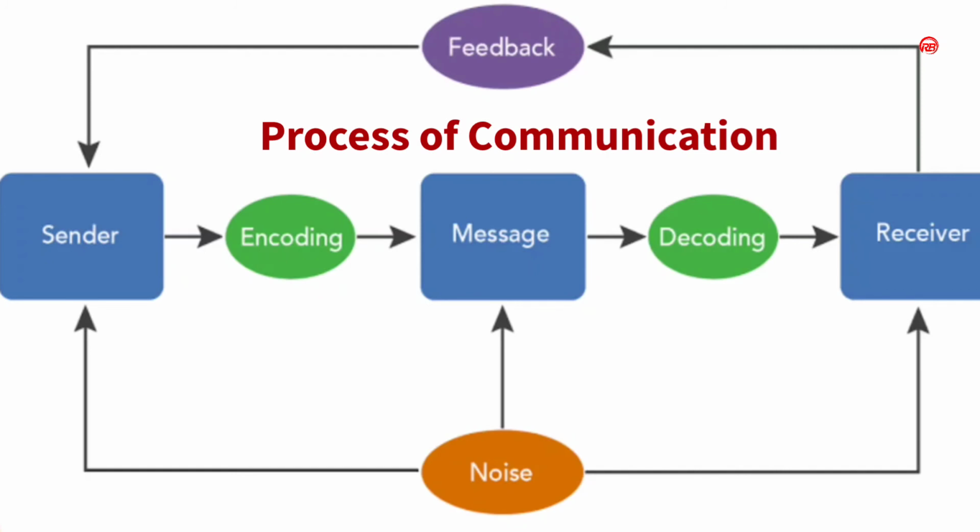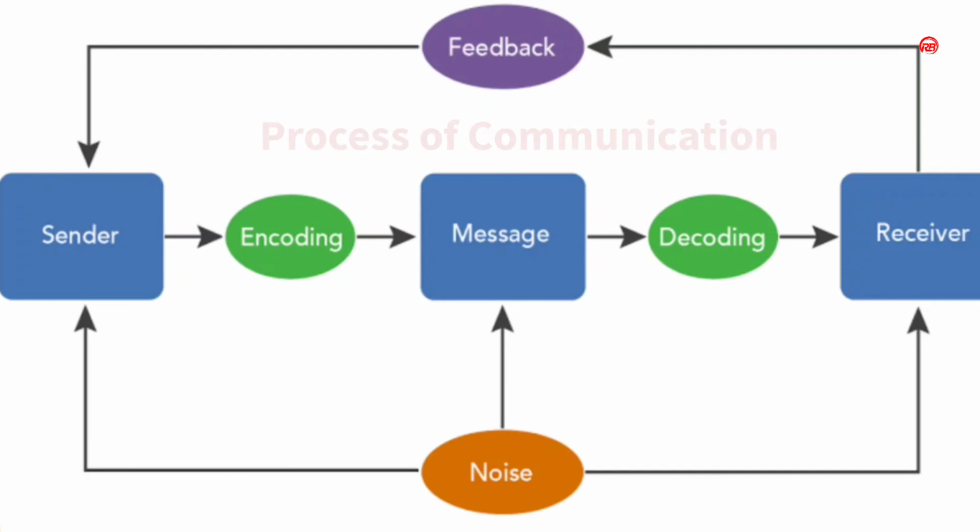At that time he will encode some message and send the reply to the sender. So likewise we have to describe the process given in the flowchart. We have to describe it and make it into a paragraph.